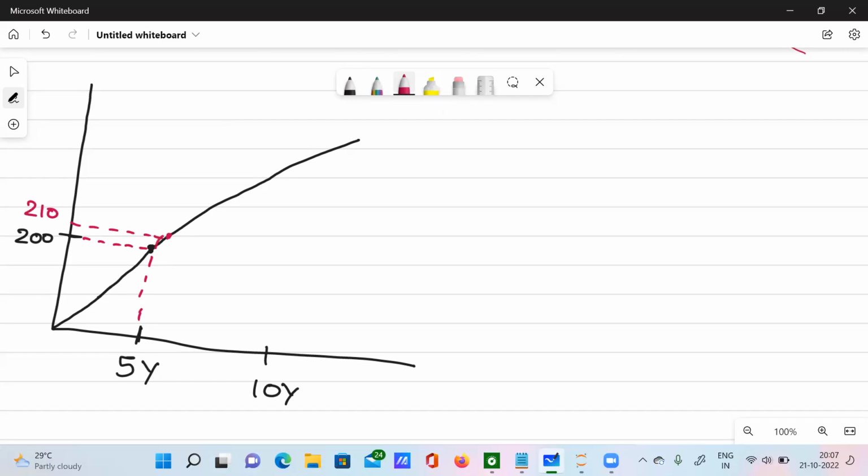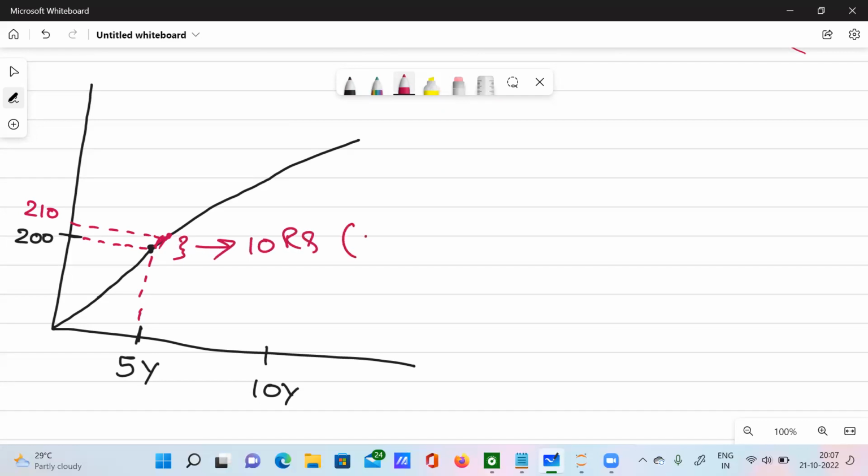So for the coming 5 years, our actual petrol price has ended up at 210 rupees. So this is the difference. This difference is 10 rupees, right?